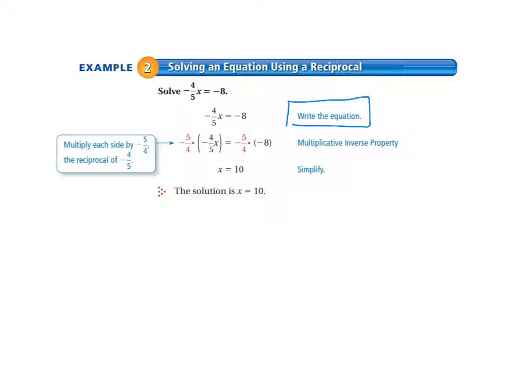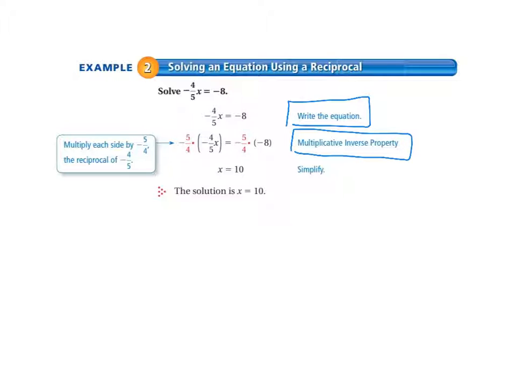So we are using the multiplicative inverse property. Sounds really complicated? It's not. You're doing the same thing you were doing before. The negative 4/5 is multiplied by the x. So you want to divide both sides by negative 4/5.